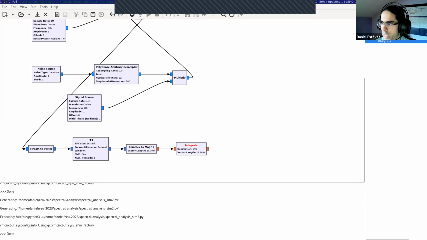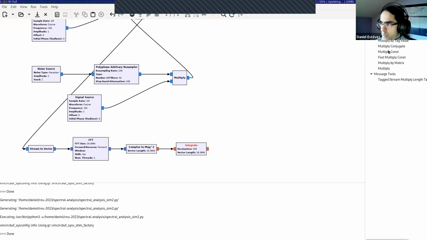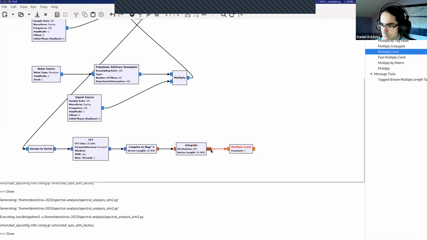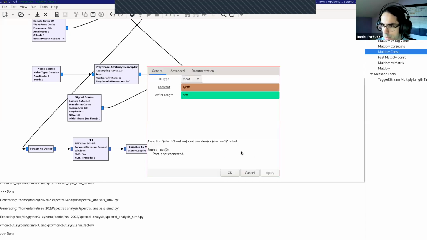I said we wanted the average rather than the sum. So the average is nothing more than the sum divided by the number of elements in the sum. And we can do that by using the multiply constant. And I would like to divide by 1 over NFFT. And I think this is not going to work. Yeah, it is not going to work because since we have vectors, we need a constant vector rather than a single scalar.